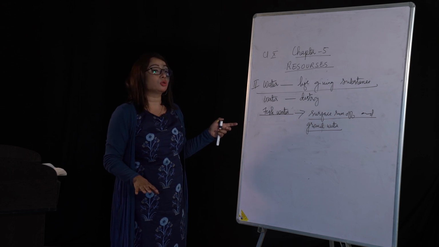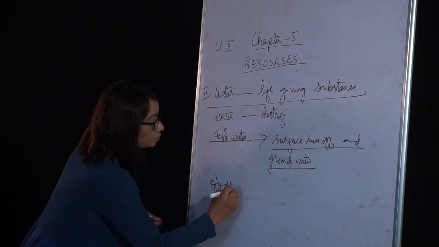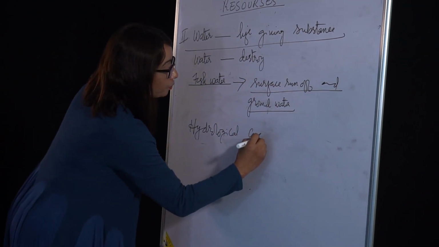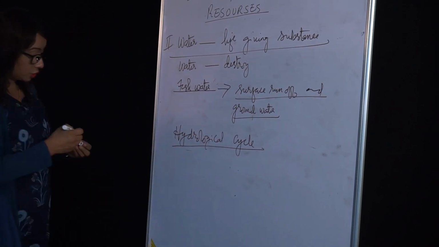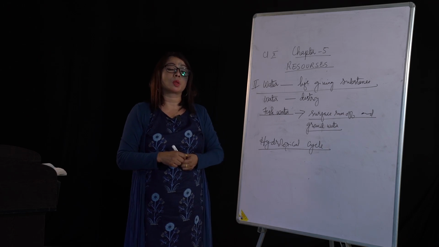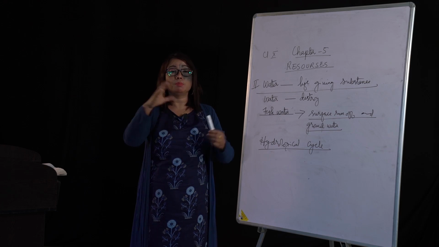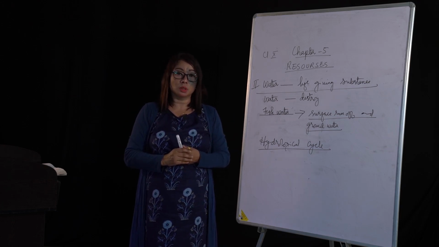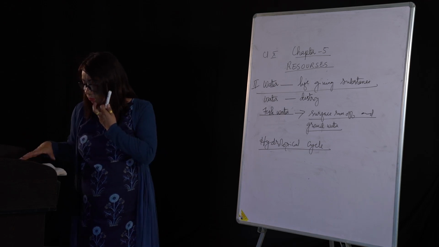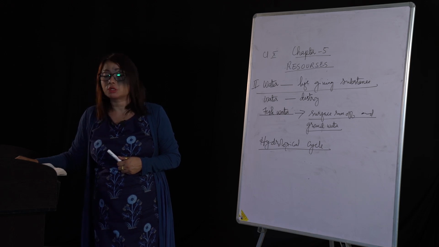So what is the hydrological cycle? The hydrological cycle is the movement of water on, above and below the surface of the ground. The heat of the sun evaporates seawater to make water vapor.